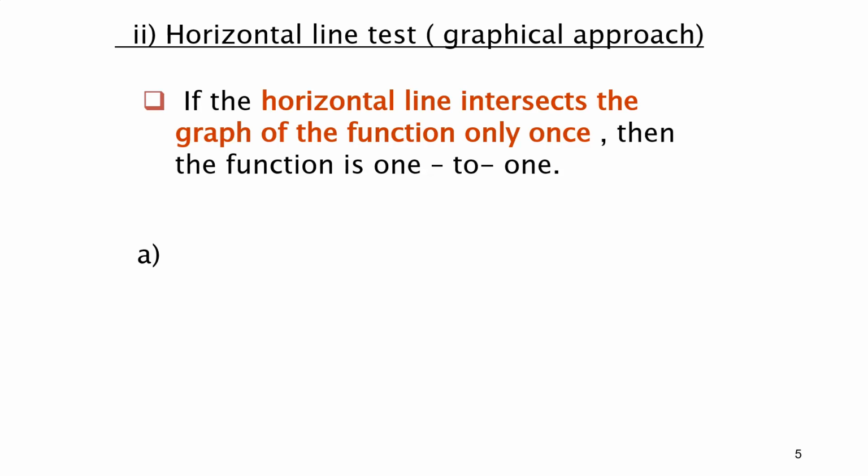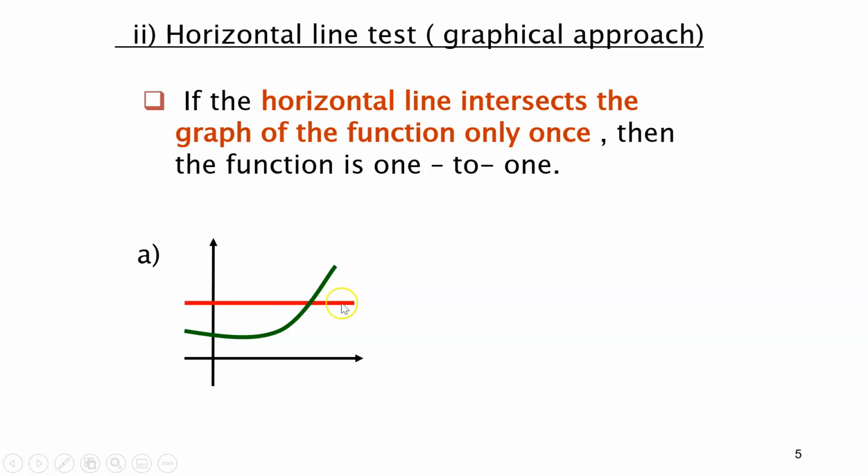But this one, horizontal line test, is to check whether this graph has its inverse or not. Okay, so how to check is you have to first of course have your curve, your graph. Then we draw a horizontal line over there.